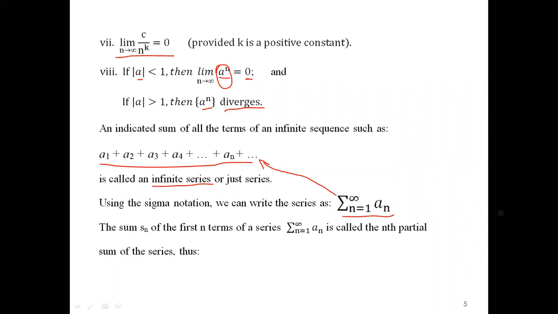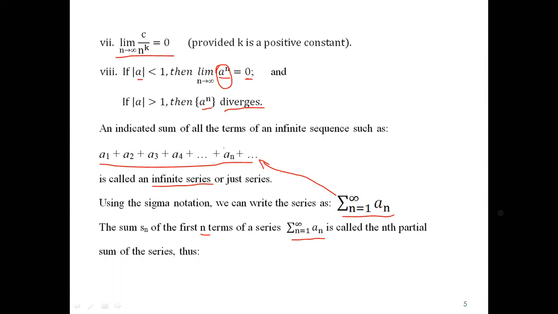Then the sum Sn of the first n terms of this same series is called the nth partial sum of the series, because you cannot go on adding all the terms of an infinite series, but you go up to a certain term.